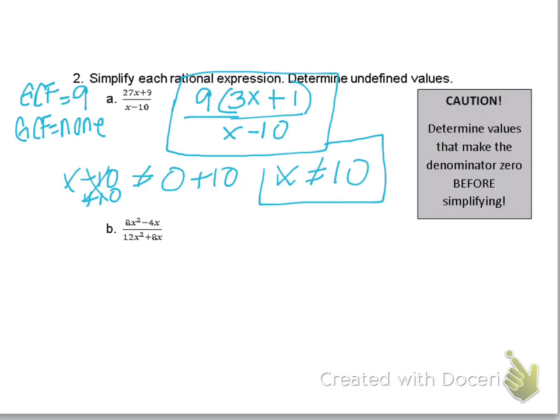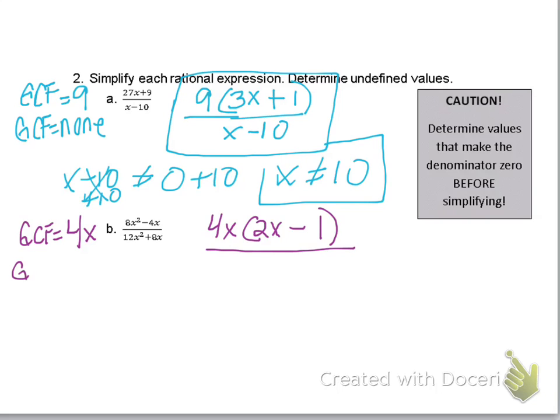Okay, the next example, we're going to pull out the greatest common factor for the numerator first, and that is 4, and they both have at least one x. So I'll pull out 4x. So 8 divided by 4 is 2, and x squared divided by x is x, minus 4 divided by 4 is 1, and x divided by x is 1, so I would just have a 1 there in that place.